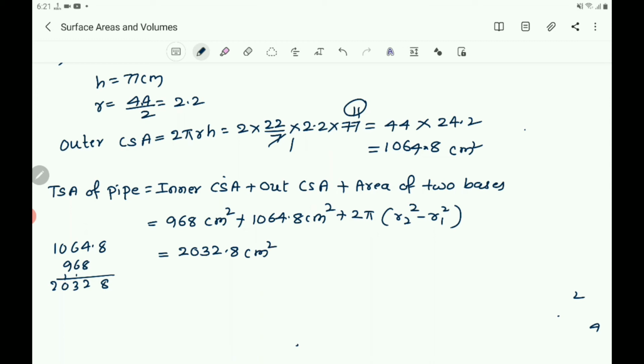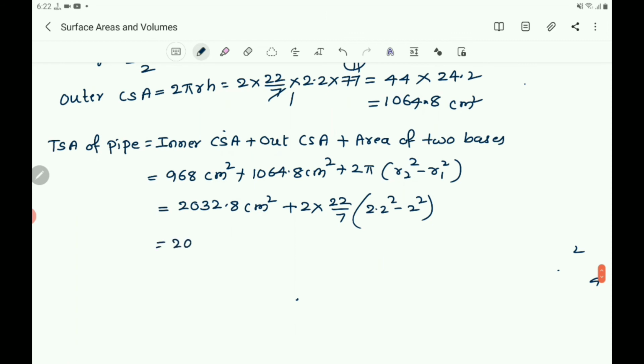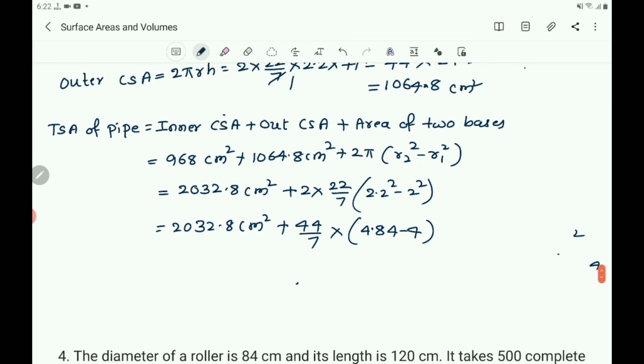And we have to find the bases area: plus 2 into 22 by 7, R2 is 2.2 square minus R1 square, that is 2 square. That equals 2032.8 cm square plus 2 into 22, you will get 44 by 7 into 2.2 square; 22 square is 484, so it is 4.84 minus 4.